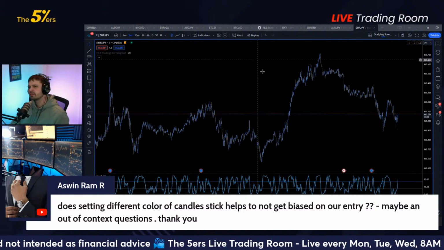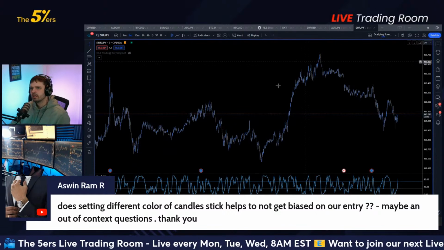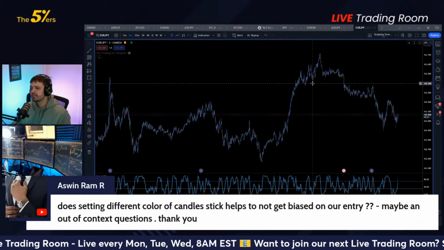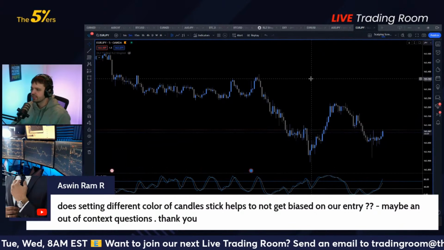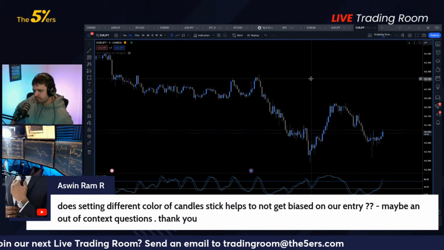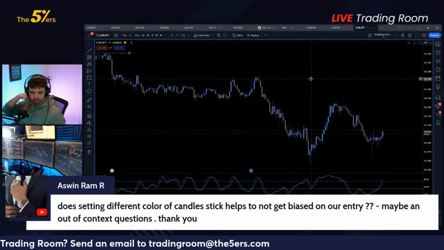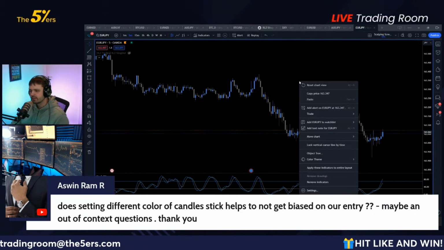Does setting different colors of candlesticks help to not get bias on entry? It's a great question, and I would say no. I just like it. I don't know why. When I started trading, I saw on Twitter people having this color setup, and I kind of liked it. I don't like having the red colors on.